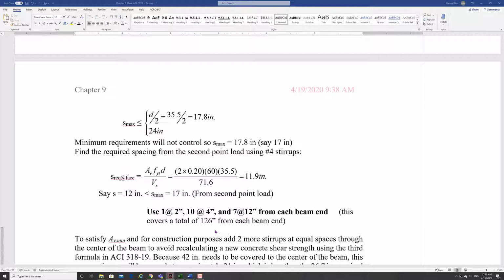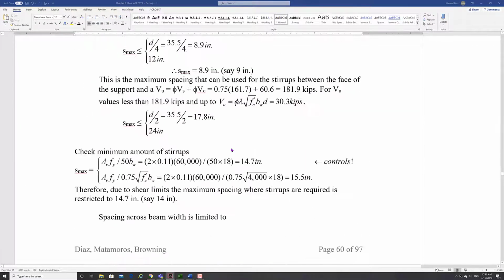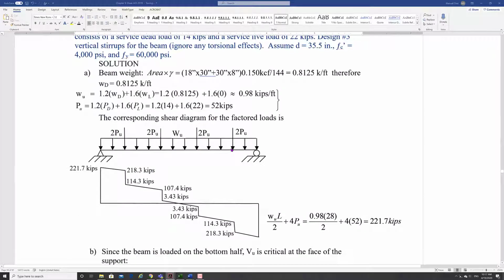Okay. So I go then, and I say 1 and 2. Remember, we start 1 and 2. Then I had to do the 4 inches, 10 at 4. And let's see, we had these right. So that's 40 and 42. Let me see, we have it right, 40 and 42.